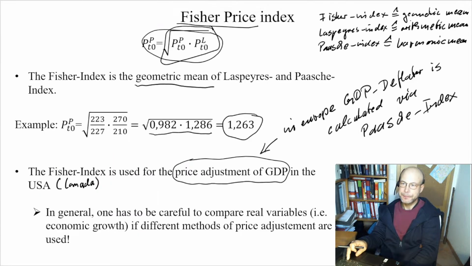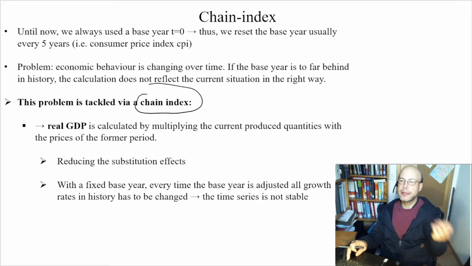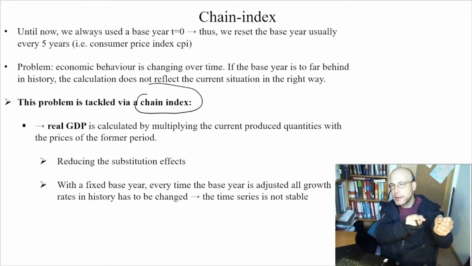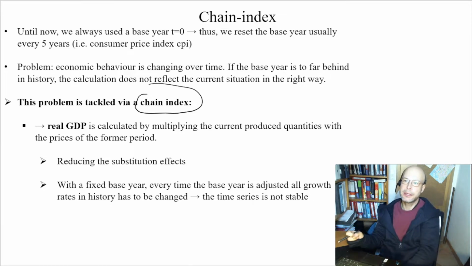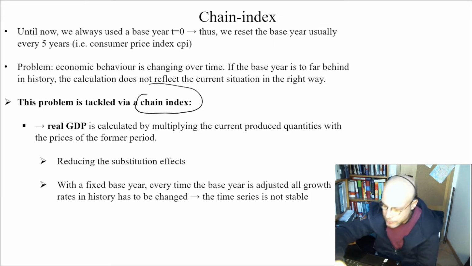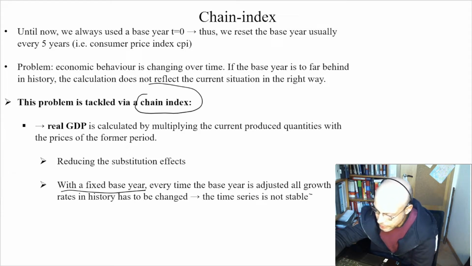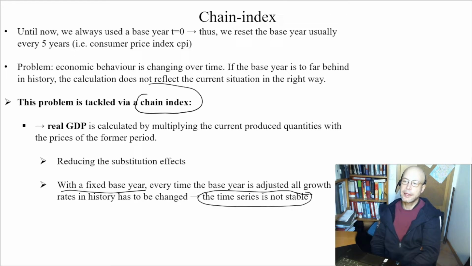And these substitution effects are minimized if we, so to speak, always every year are moving the weighting due to the concept that we are always taking the prices of the former year. And here I wrote it also down that with a fixed base year, and this is really a bad thing, the time series for growth rates are not stable.